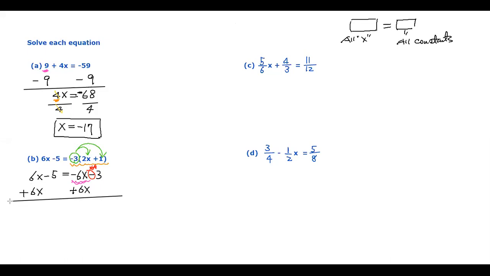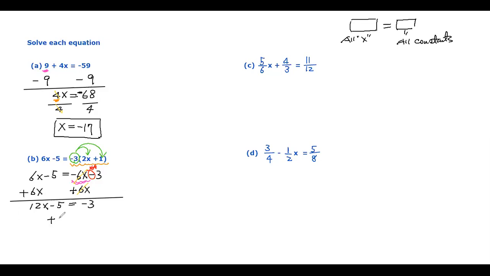Okay, so after I add 6x, what happened here? I have a 12x minus 5. And then the 6x, the -6x will cancel out. And this one here is equal to, don't forget, negative what? It's -3, right?